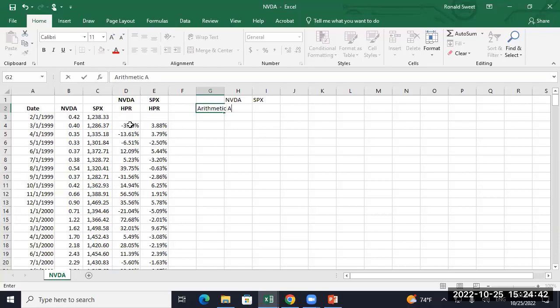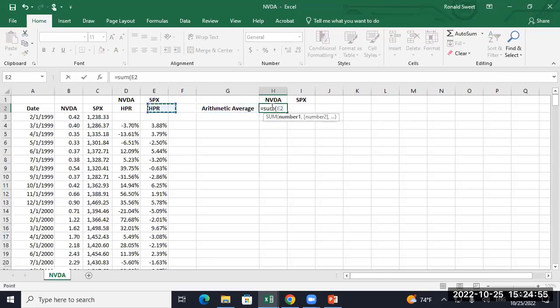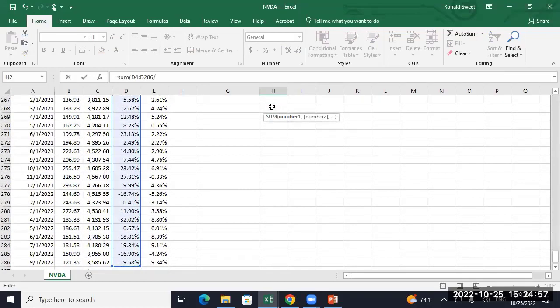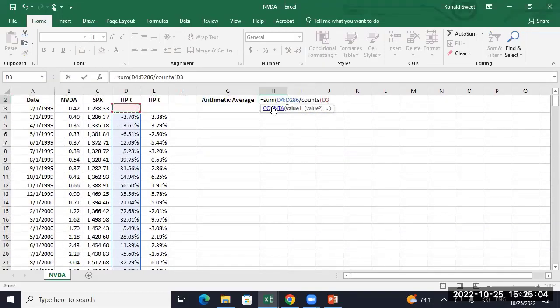Arithmetic average. Now, you know what that is, right? It's just the sum of the returns divided by n. So we know what that is.